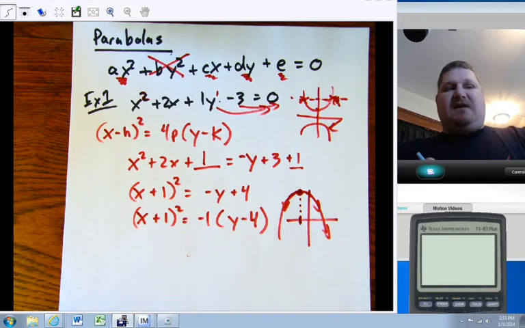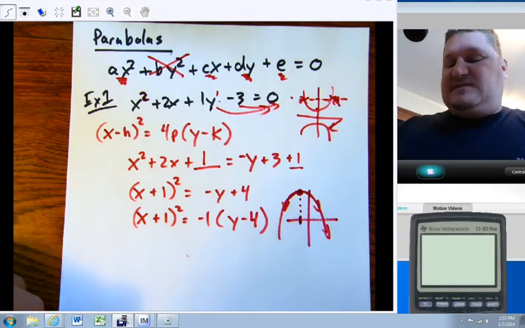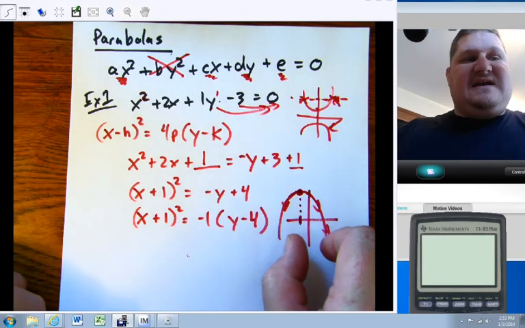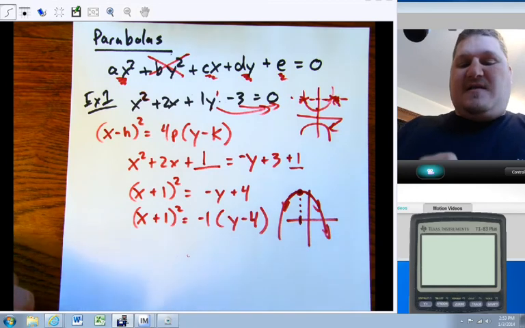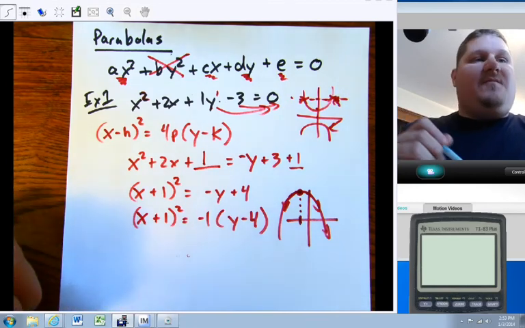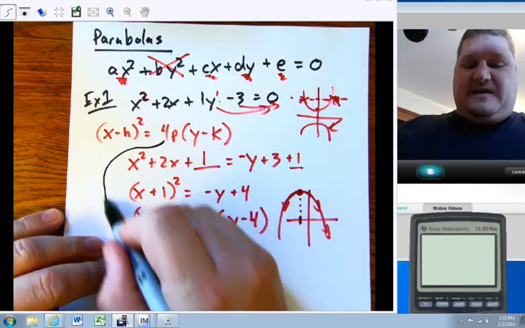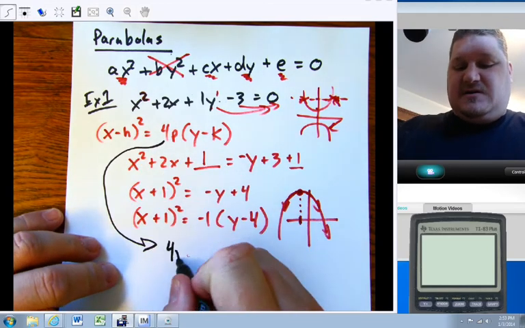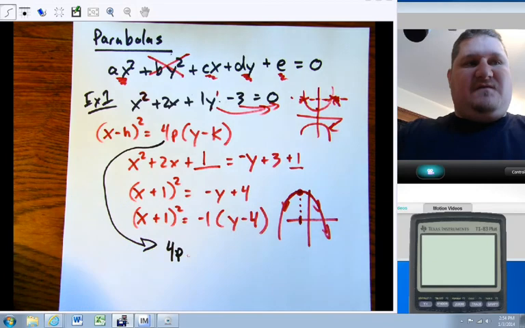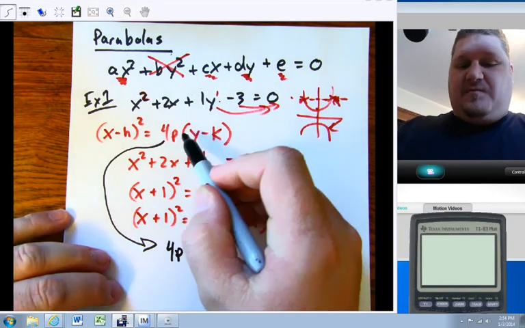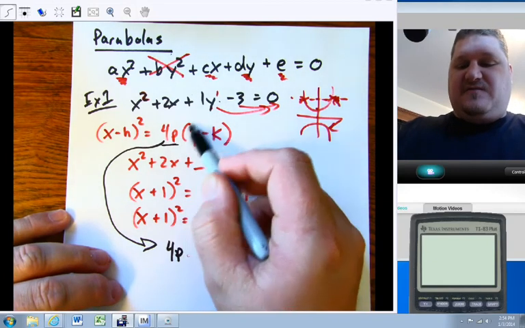The only thing I'm not sure about is how wide or how skinny this parabola is. That's where the 4p comes into play. The 4p is going to give us two important pieces of information. The 4p is in front of whatever the y parenthesis is.